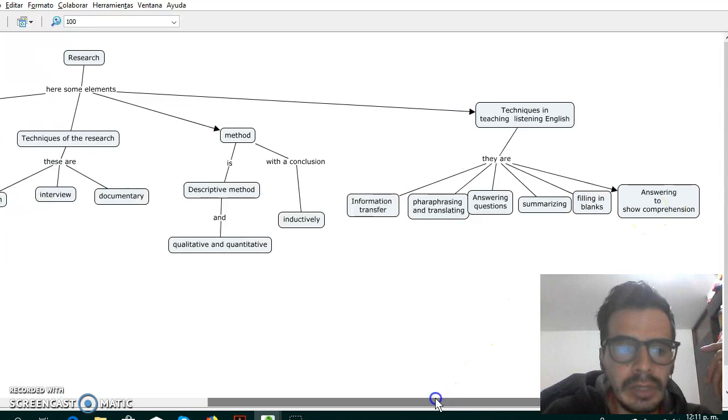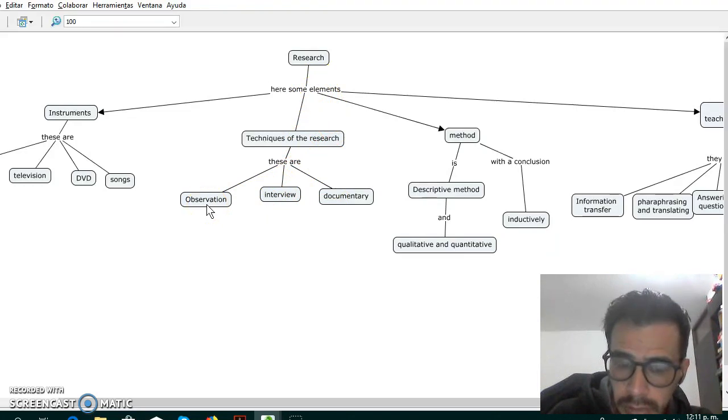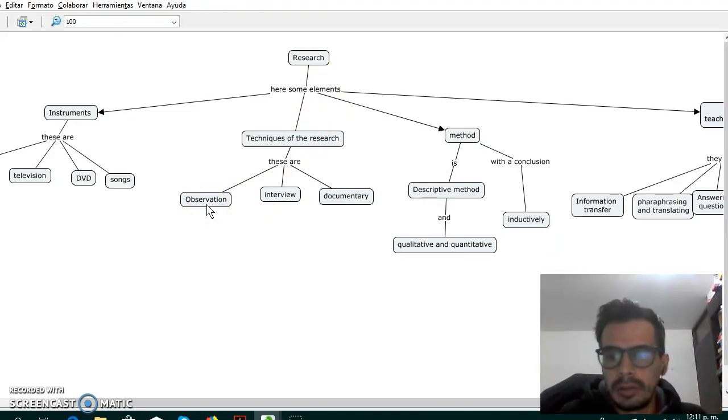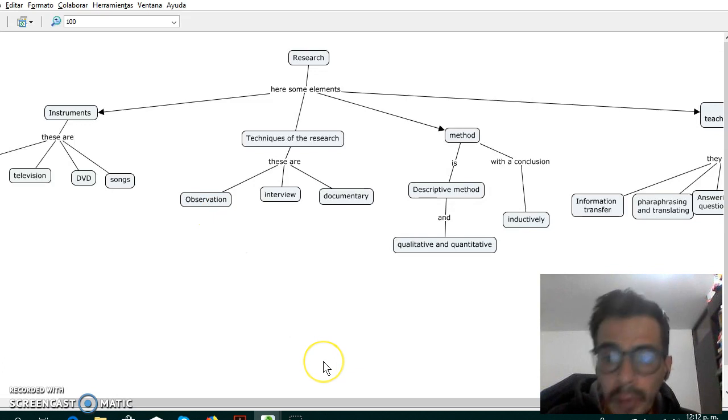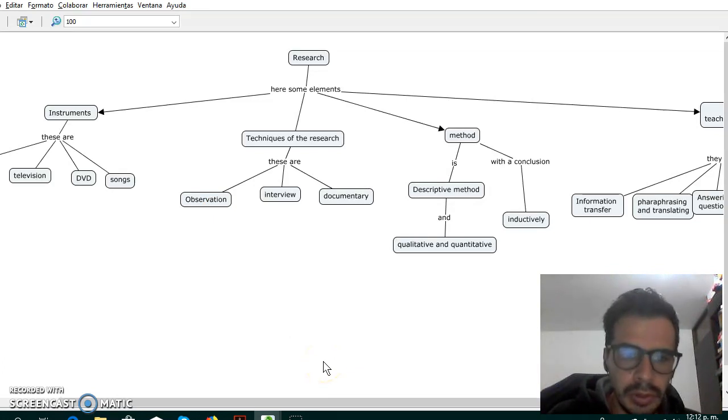The researcher is based on research techniques such as observation. Remember, the researcher went to the laboratory, observed all the process, and took notes of what she observed.